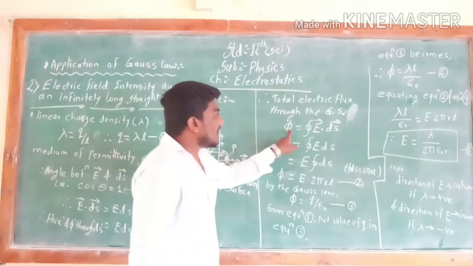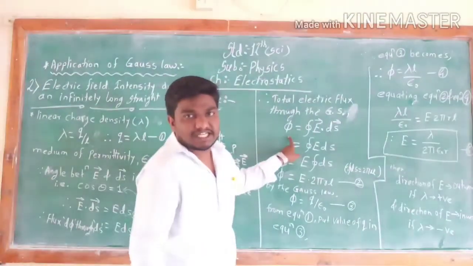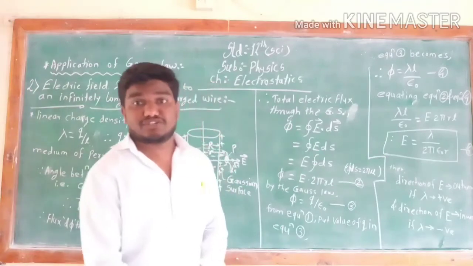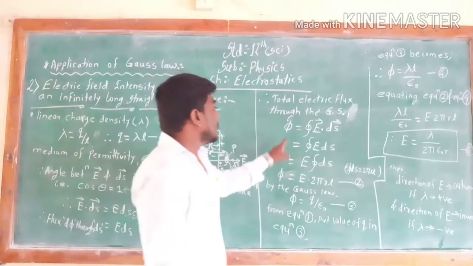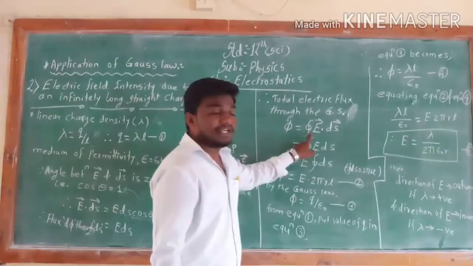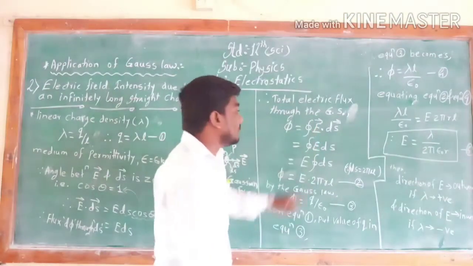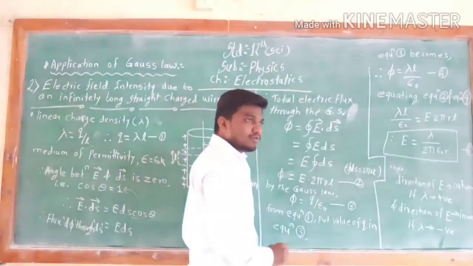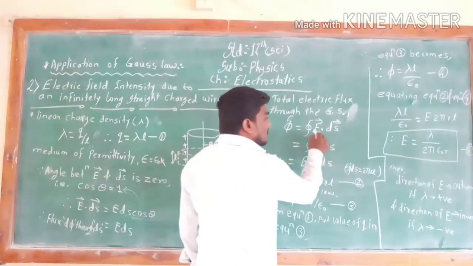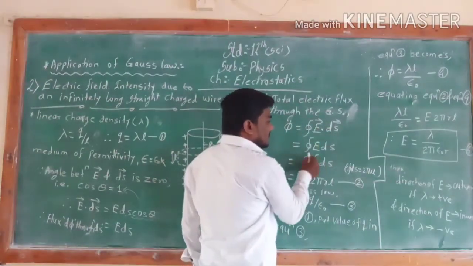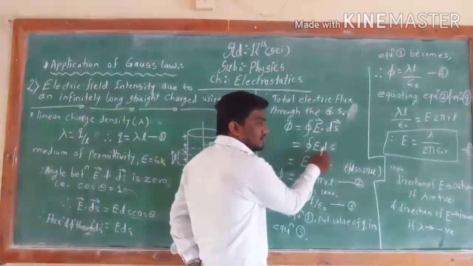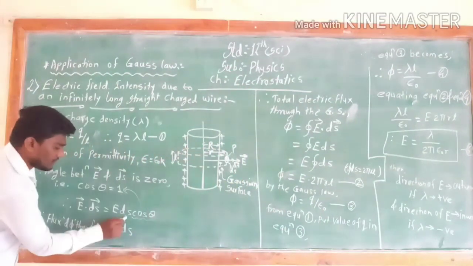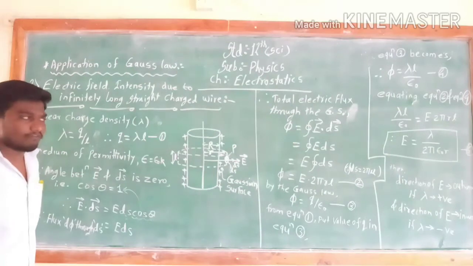Therefore, this phi is also the total electric flux. We take the integration of this equation. Therefore, phi is equal to the integration over the closed surface of E vector dot ds vector. E vector dot ds vector is equal to the integration over the closed surface of only E ds, because here cos theta is equal to 1.